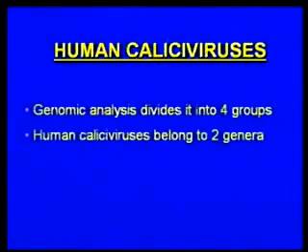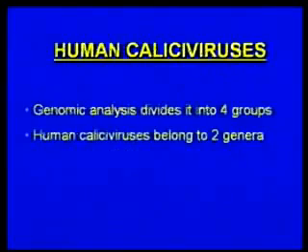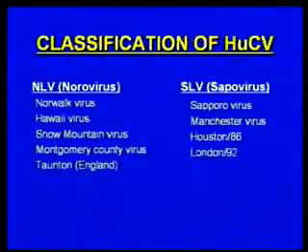We're going to talk about the human ones, which are divided into 4 groups, and the main ones are 2 genera, which are the caliciviruses called the norovirus and the sapovirus. The old nomenclature was the Norwalk-like virus, NLV, and Sapporo-like virus. Now they have been called into these genera called noro and sapovirus.